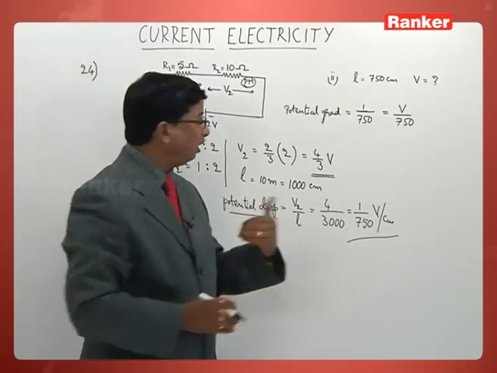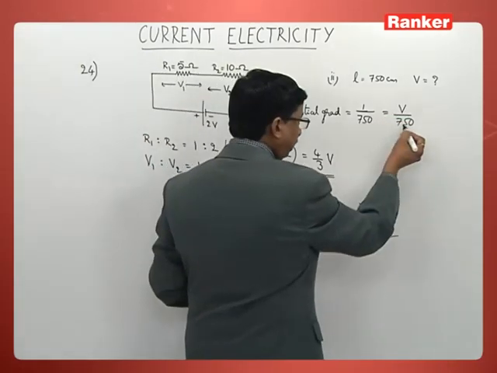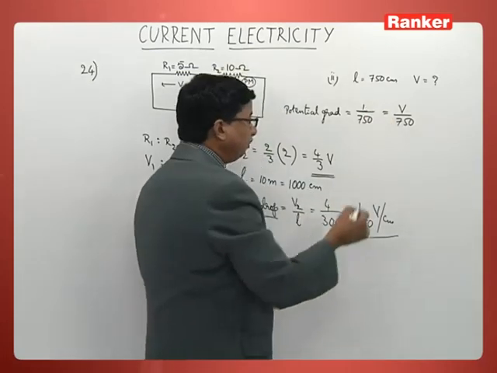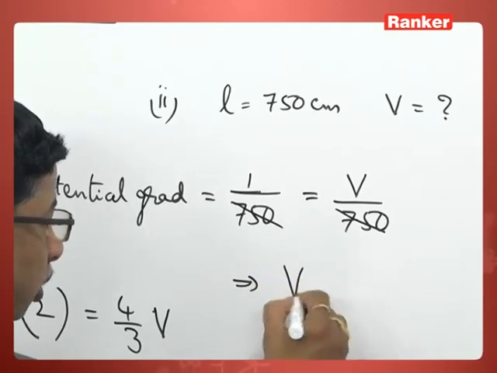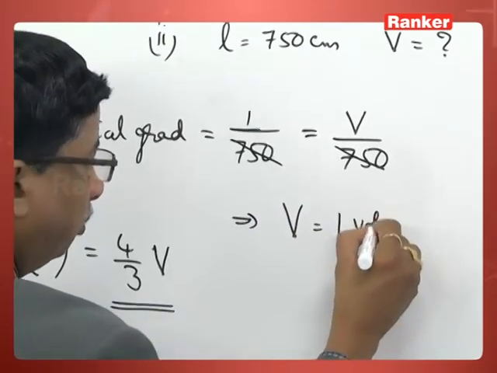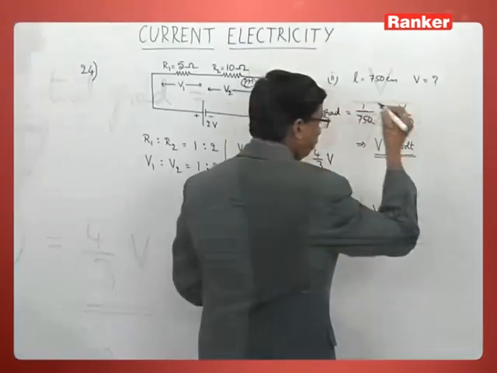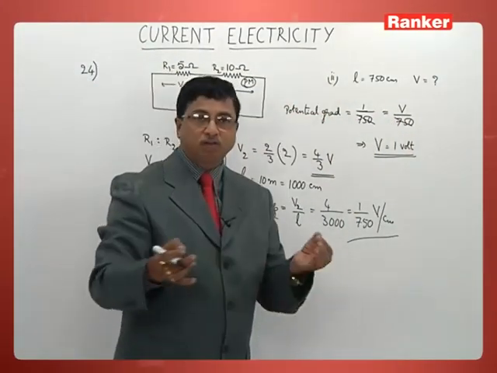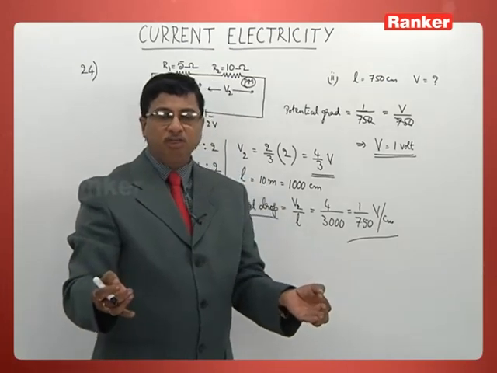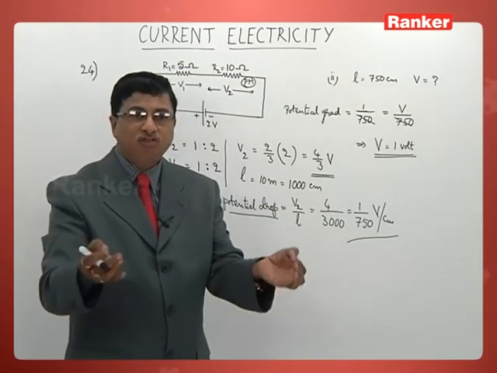So what we can understand? V by 750 is equal to 1 by 750. Both they get cancelled. Then what can we write? The potential now is supposed to be 1 volt. So for 750 centimeter long wire, what is going to be the corresponding potential difference?